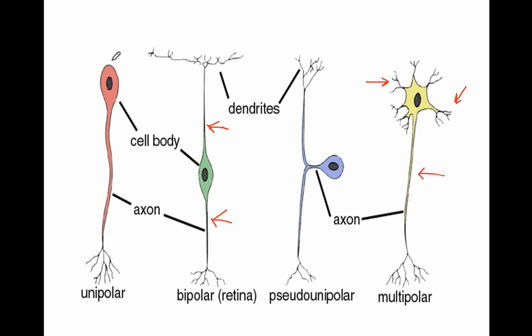If there's no dendrite, then we call it unipolar. And if the axon fuses with the dendrite before they reach the cell body, we call it pseudo-unipolar. This one is only found in the dorsal root ganglion of the spinal cord, whereas this one is only found during the embryonic period.